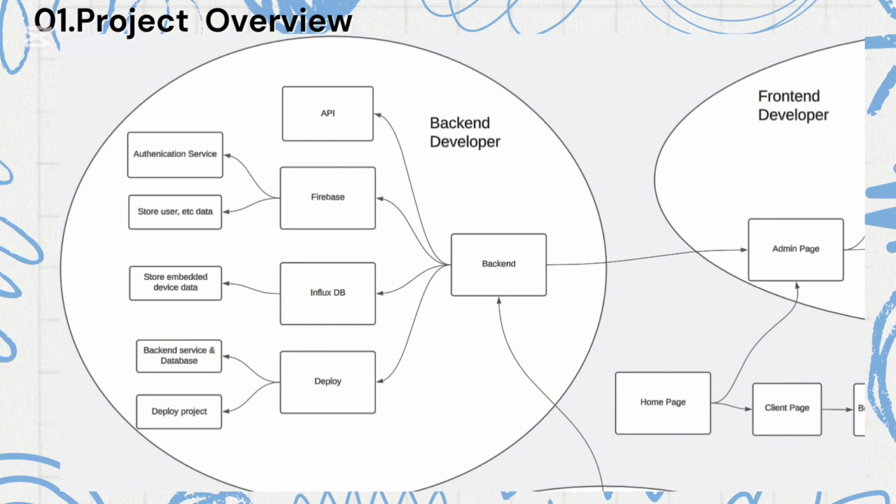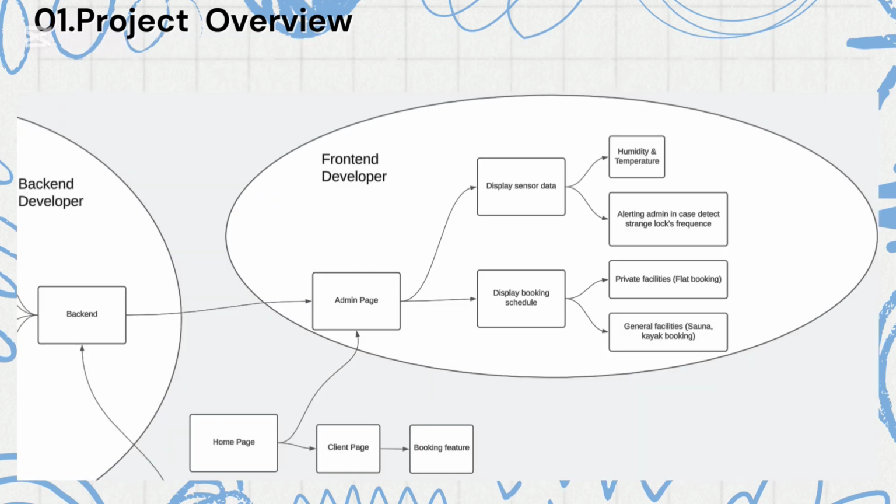We also use InfluxDB to store the embedded device data such as humidity, temperature, and so on. And finally, we will deploy the backend service and database through Alibaba service and deploy the project using Vercel.